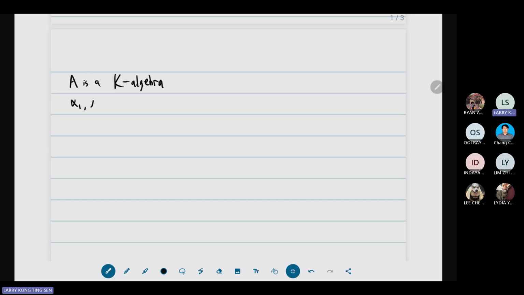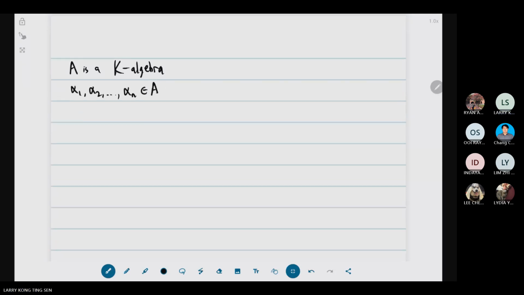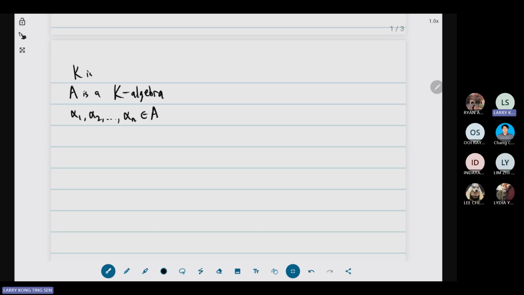And let's say alpha 1, alpha 2, and so on are elements of A. And of course, K is a field.